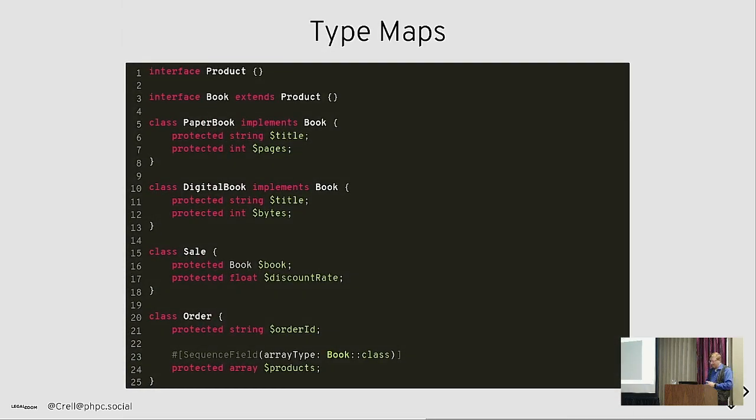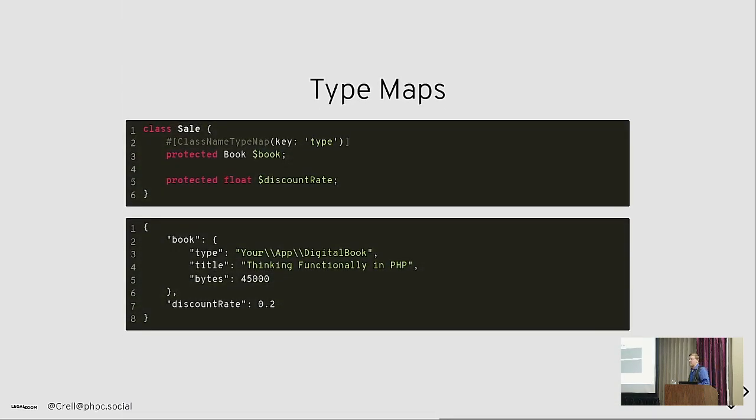Type maps, mentioned these before. Say we have a book type. We've got different kinds of book, and we're referencing a book. We've got an array of books. OK, serializing this is fine, but when we deserialize it, how do we know what type of book this is supposed to be? Well, that's where type maps come in. And it's another attribute.